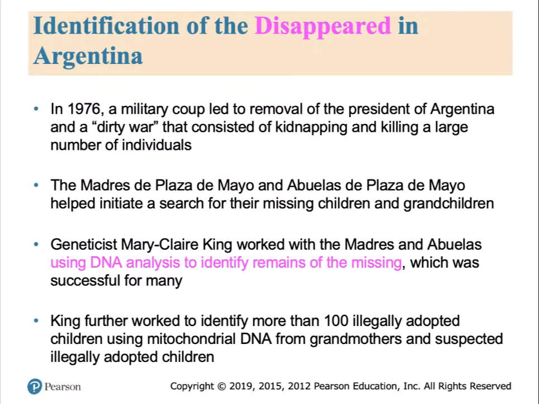A second story with similar application was the disappeared in Argentina. According to history, in 1976, a military coup replaced the lawfully elected Argentinian president. And in the subsequent years, the military leaders were responsible for arresting, kidnapping, and killing a large number of opponents.